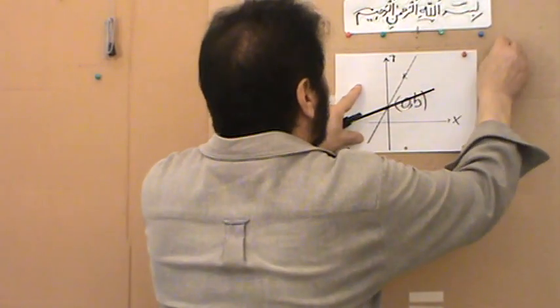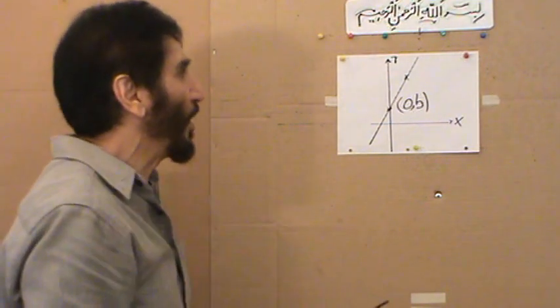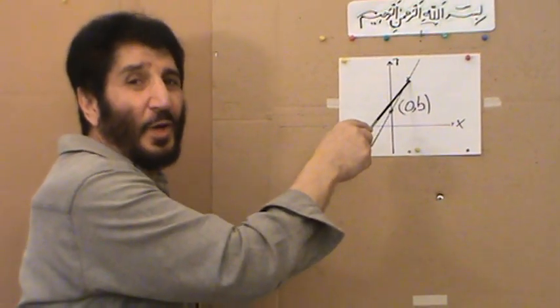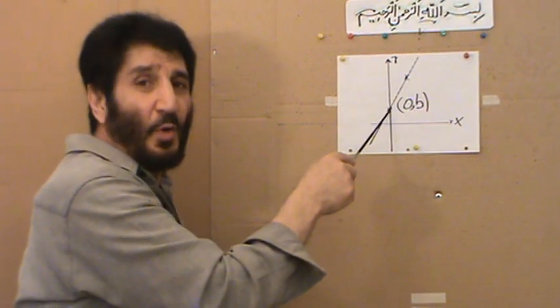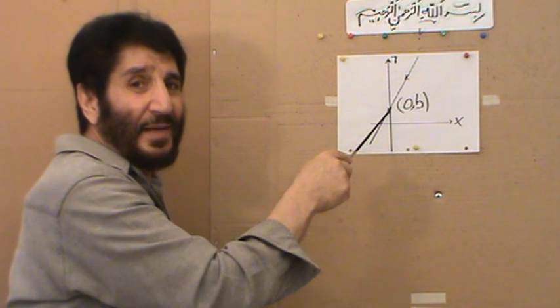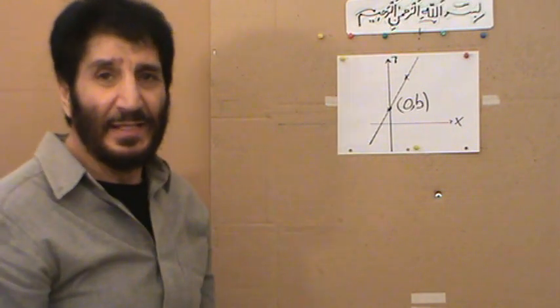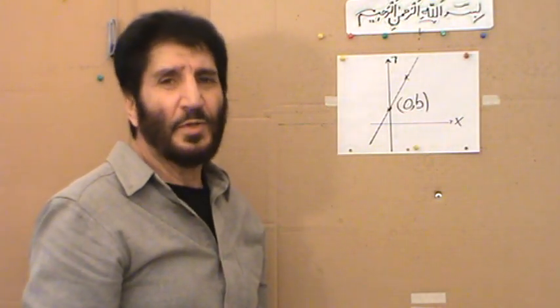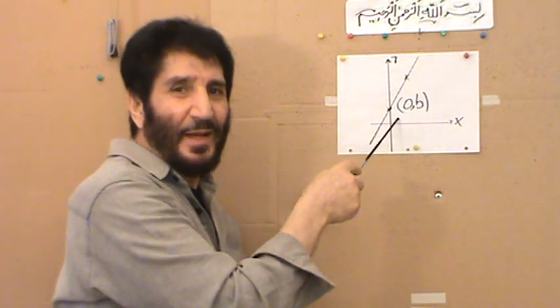I have drawn this one, let me show it. So for our line L, instead of taking x1, y1 or x2, y2, one of the points on the line, we select our point to be the intersection. The coordinates of this point are x is 0 and y is some y1. But most textbooks use the letter b for that point.